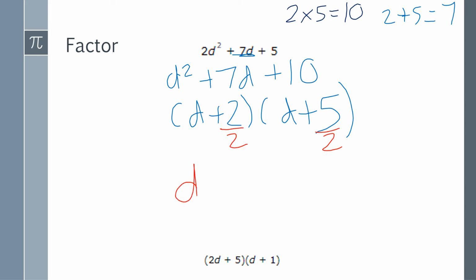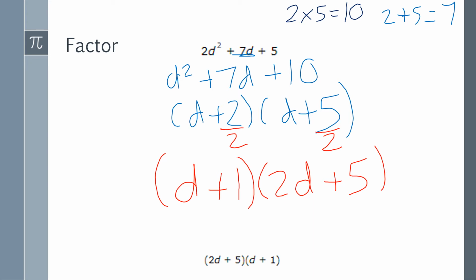Because you keep that whole number, you guys are cool here. But then 5 divided by 2 does not give you a whole number. So guess what? Swing it. 2d plus 5. And that is how we get this guy. Just like that.